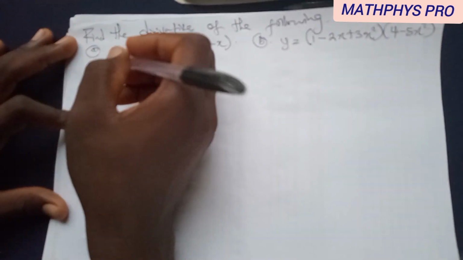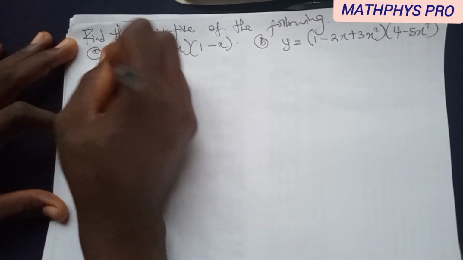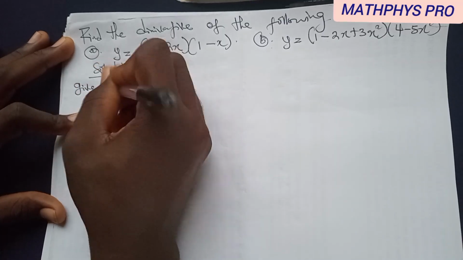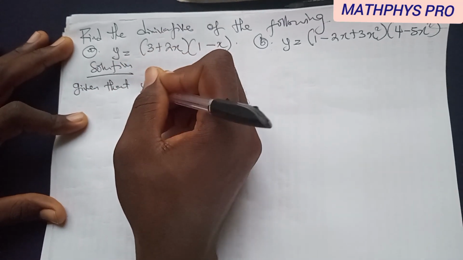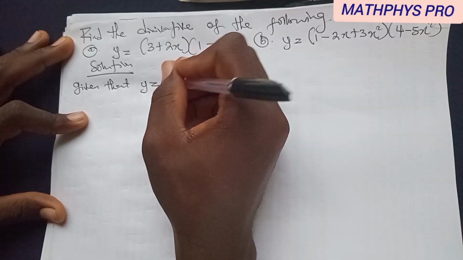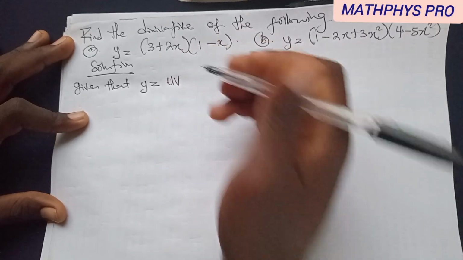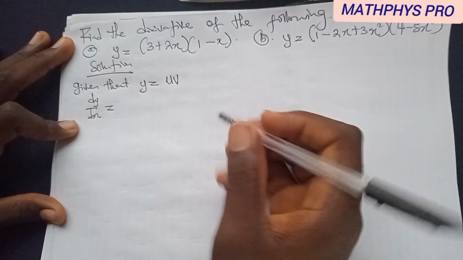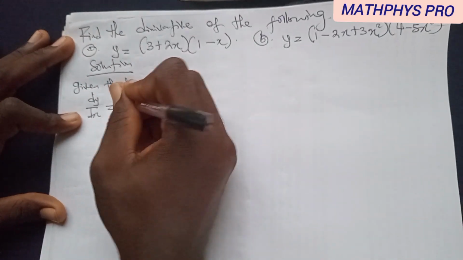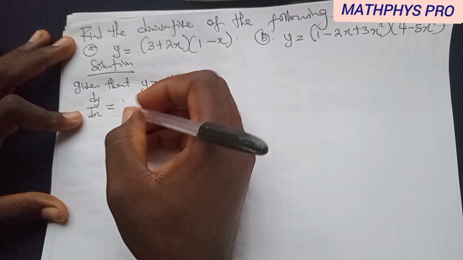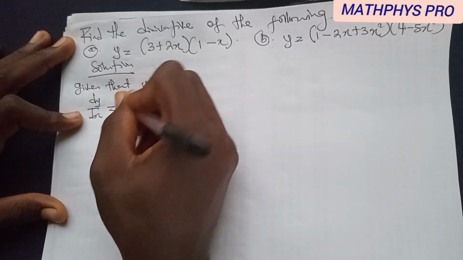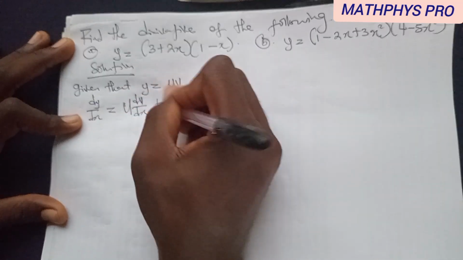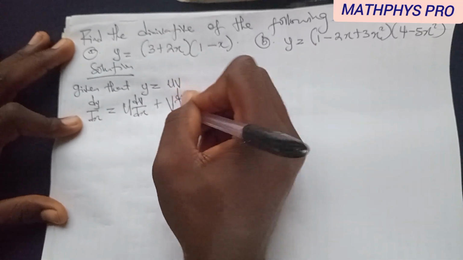From the first question, solution: given that y is equal to uv, dy dx will be equal to, stating the product rule, u dv dx plus v du dx.